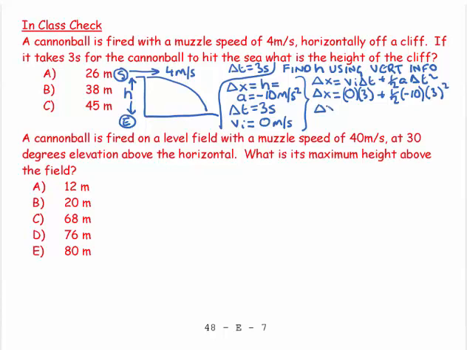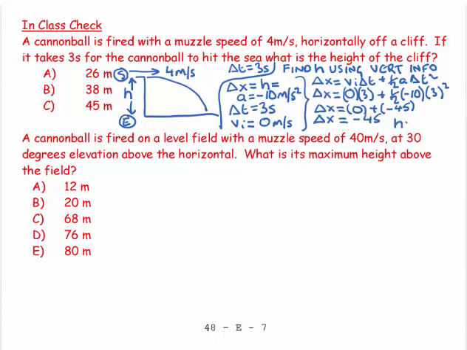So delta x is equal to 0 plus minus, well, 3 3s are 9, 10 times 9 is 90, a half of 90 is 45, so minus 45. So delta x equals minus 45 meters.